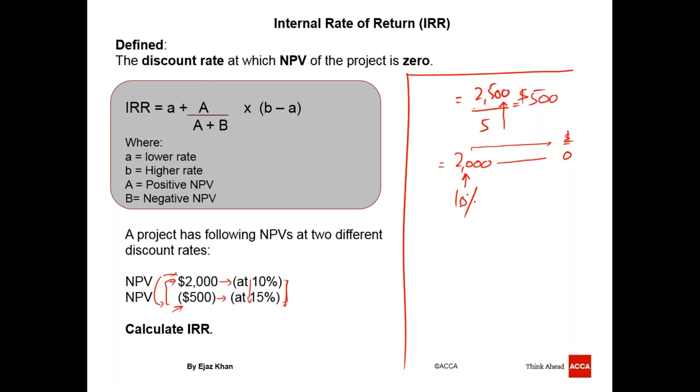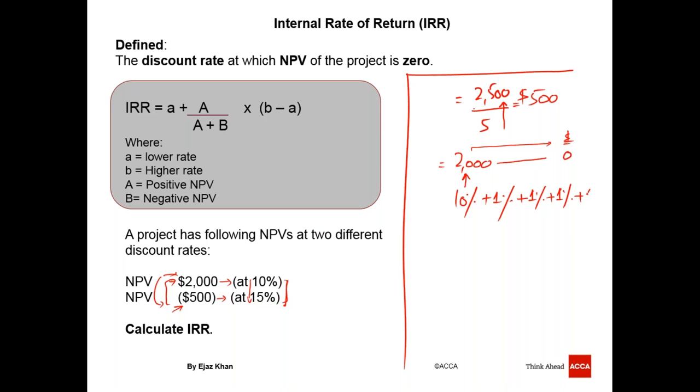So if we increase our discount rate by 1% only, the NPV will be equal to what? Just quickly, 1,500, right? And then if we increase it a further 1%, it will be reduced to 1,000. If we increase a further 1%, it will be equal to 500.